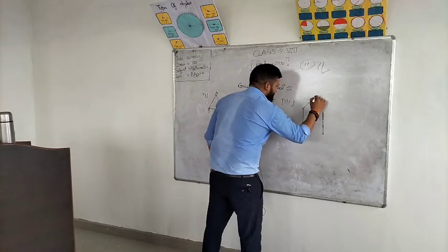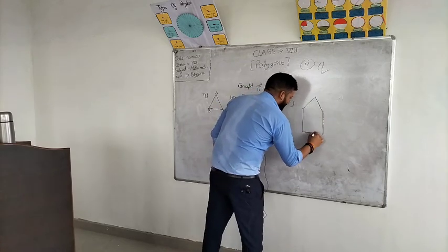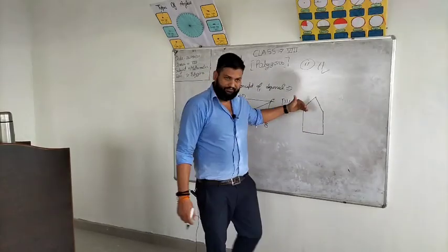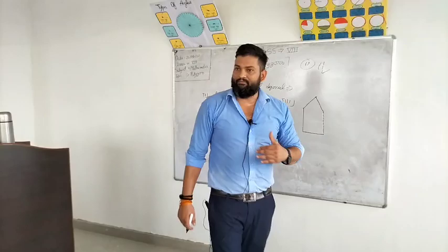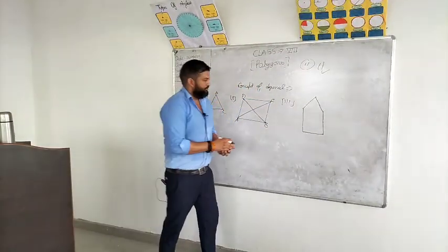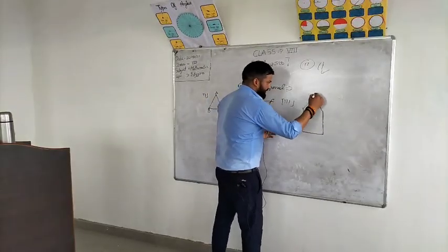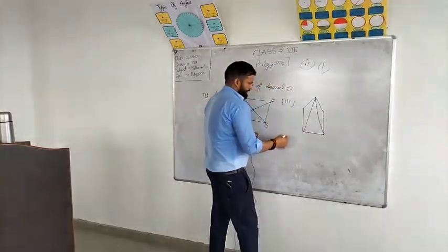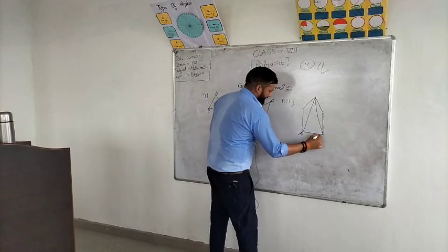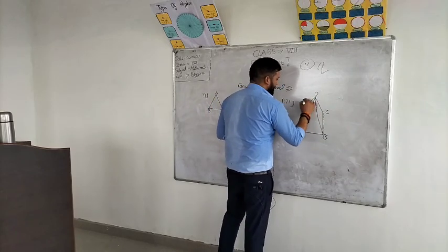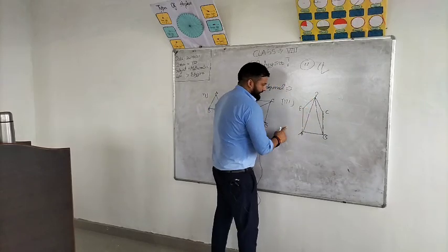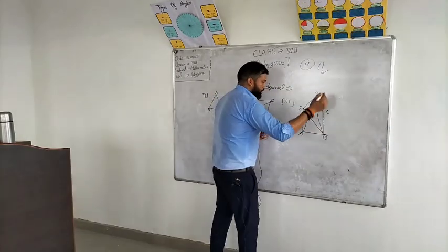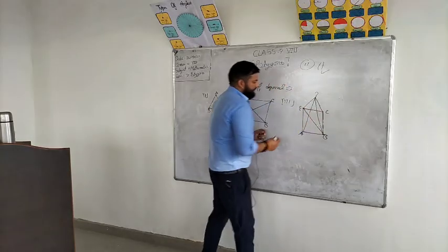This is a type of pentagon. What is a pentagon? A simple closed figure made by 5 line segments is called a pentagon. From one vertex we can draw 1 and 2. Same as if we write the names A, B, C, D and E. From point E also we can join two non-adjacent vertices, these two.